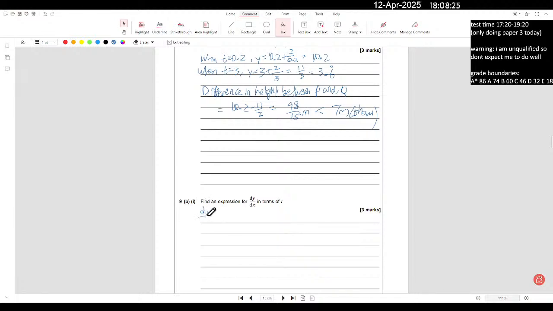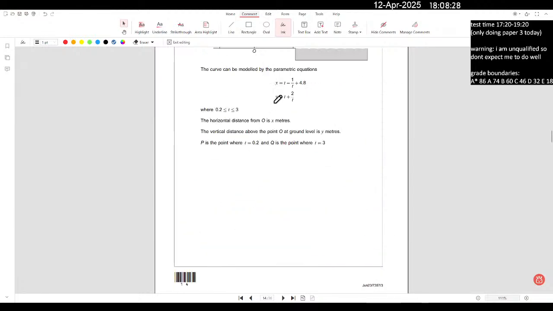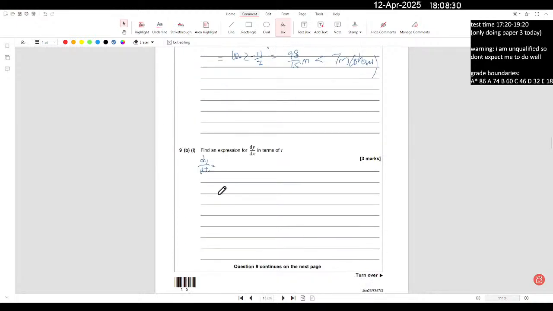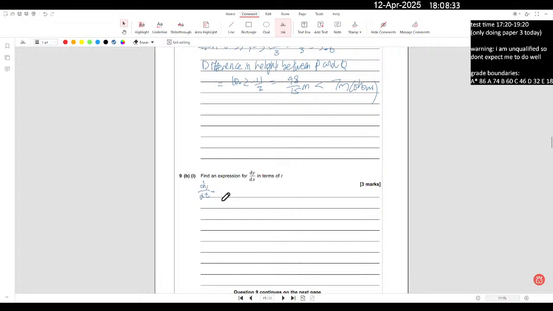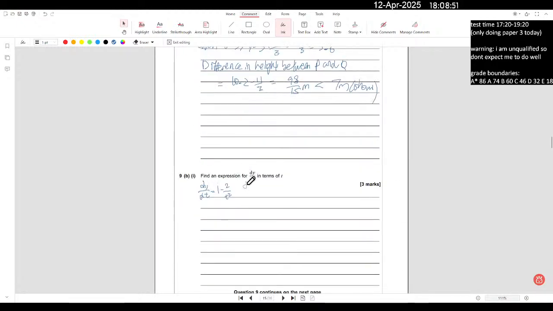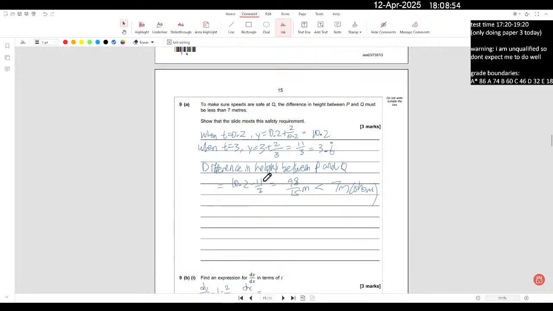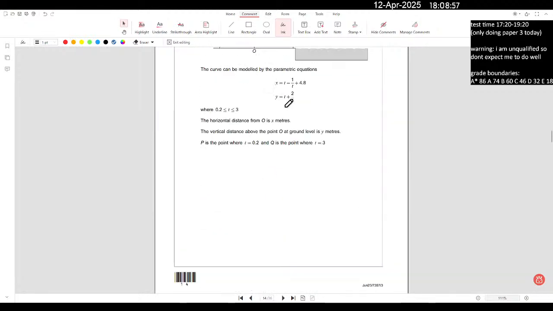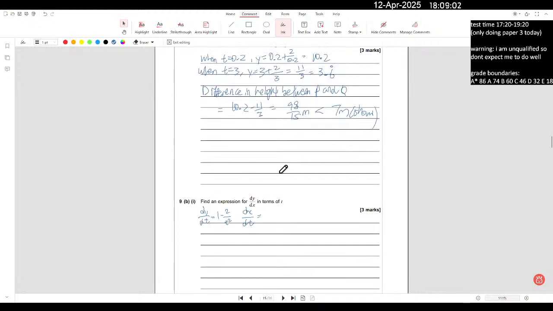So dy over dt equals 1 minus 2 over t squared. Then dx over dt equals 1 minus 1 over t squared.